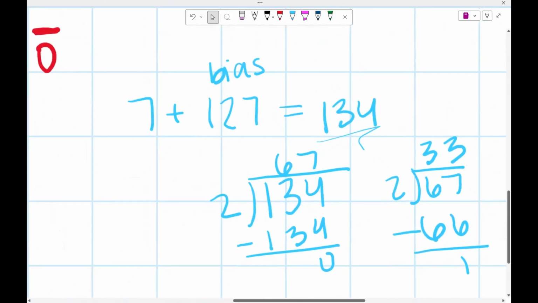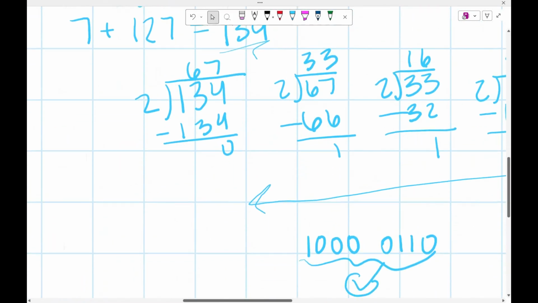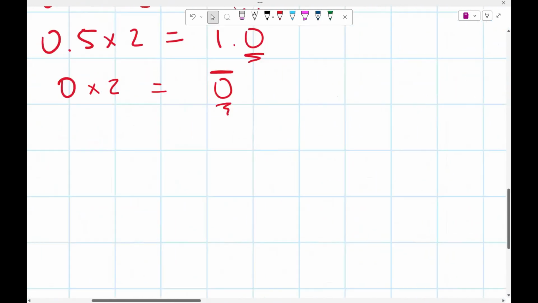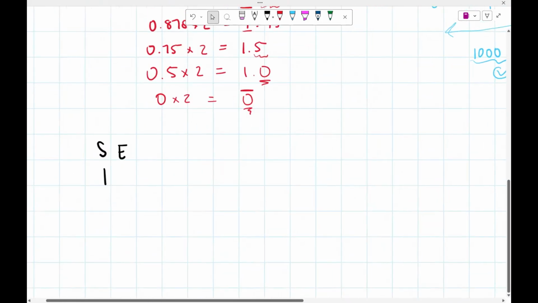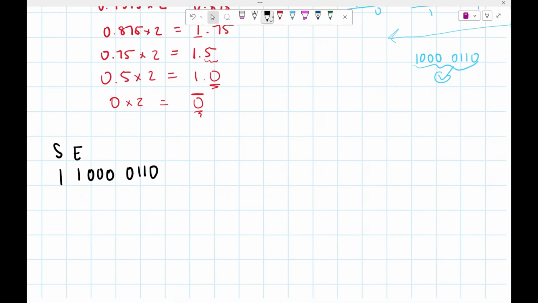And then we added the bias, which is 127. And then from our sum, we convert that into binary. Right. Hopefully I'm not losing anybody there. So now I can just get that binary I got, which is 1, 0, 0, 0, 0, 1, 1, 0, right? So that's all of the exponent.